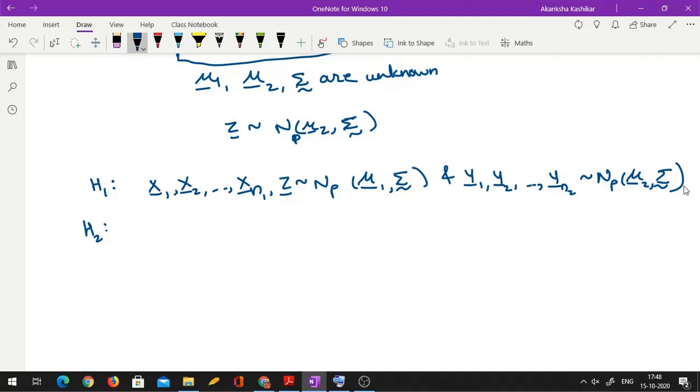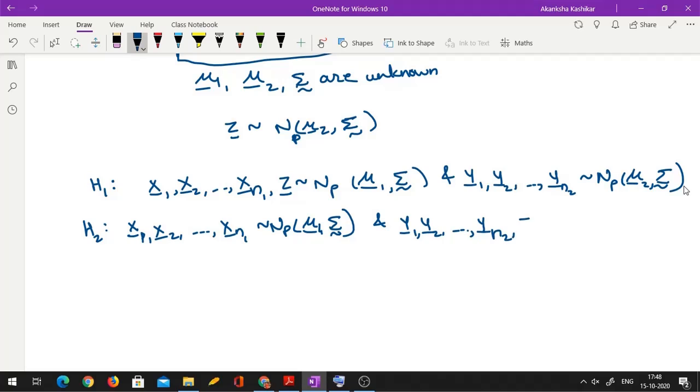And the second hypothesis is that x1, x2, up to xn1 come from the first population, and y1, y2 up to yn2 and z come from the second population.